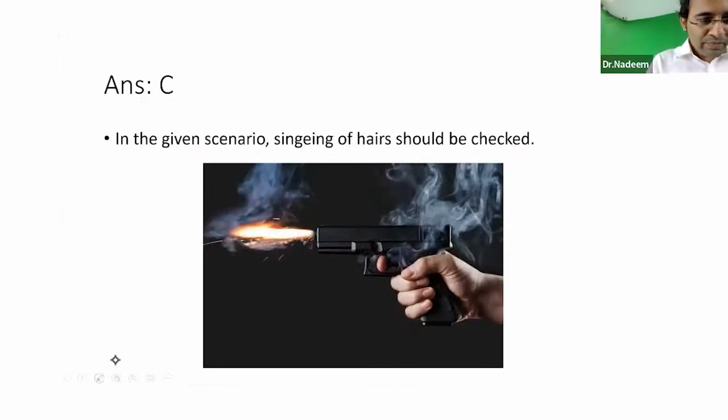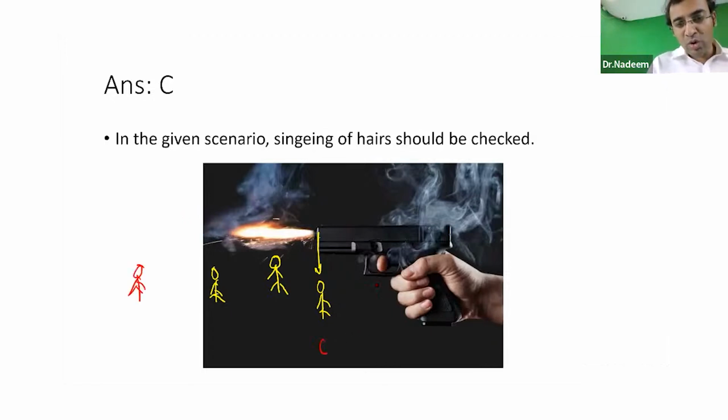Please see this question here. Suppose a person was standing here, this is called the point blank shot, the contact shot. If a person was standing in the range of flame, this is called a close shot.